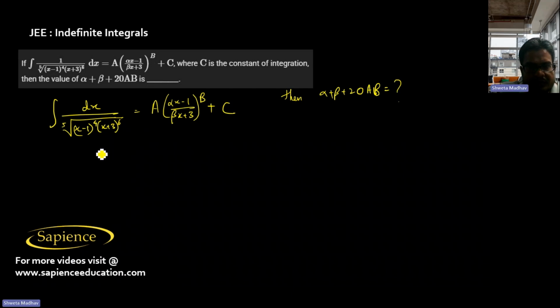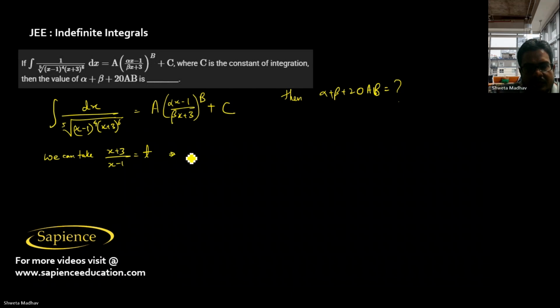Now here we can take, suppose, (x plus 3) by (x minus 1) equals t.